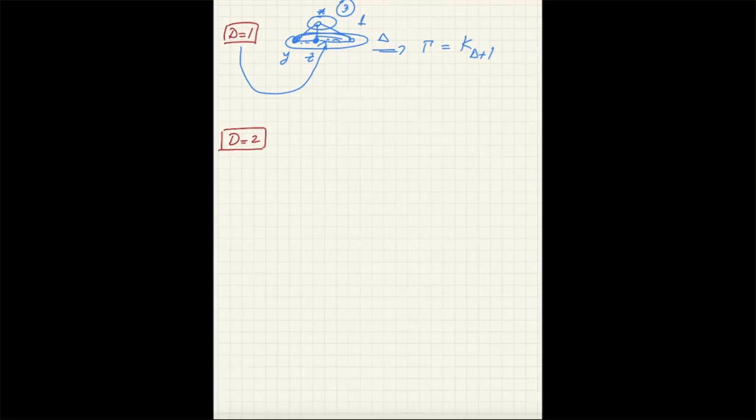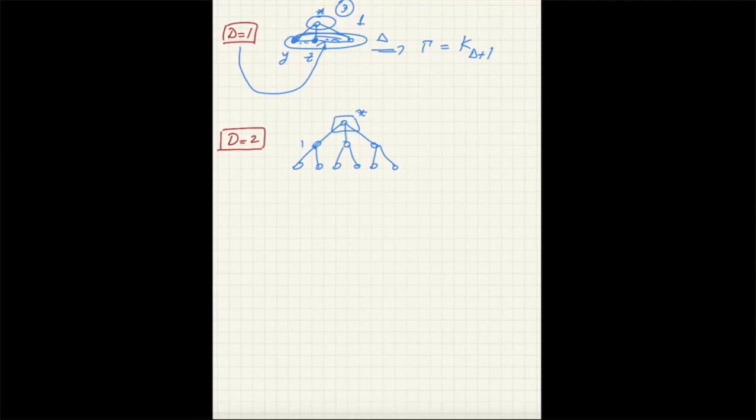So that's pretty easy. Now, for the rest of the lecture, I'll discuss the situation with diameter equals 2. So we have pick a vertex. Then at distance 1, we have delta vertices, and at distance 2, since we are asking for a graph that attains equality in the Moore bound, we must have the maximum number of vertices, which is delta times delta minus 1.